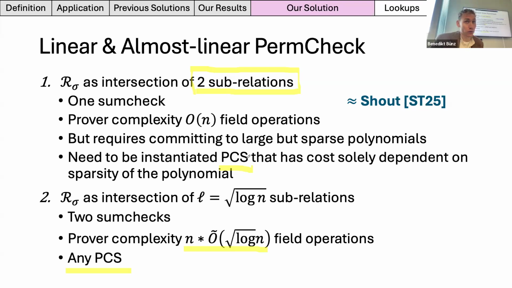In particular, they don't really work with hash-based PCS schemes. The second result works with hash-based PCS schemes, which tend to be what people care about more in practice. For the first result, it commits to a polynomial of size n to the 1.5, but it also has a linear-time prover, including the evaluation.